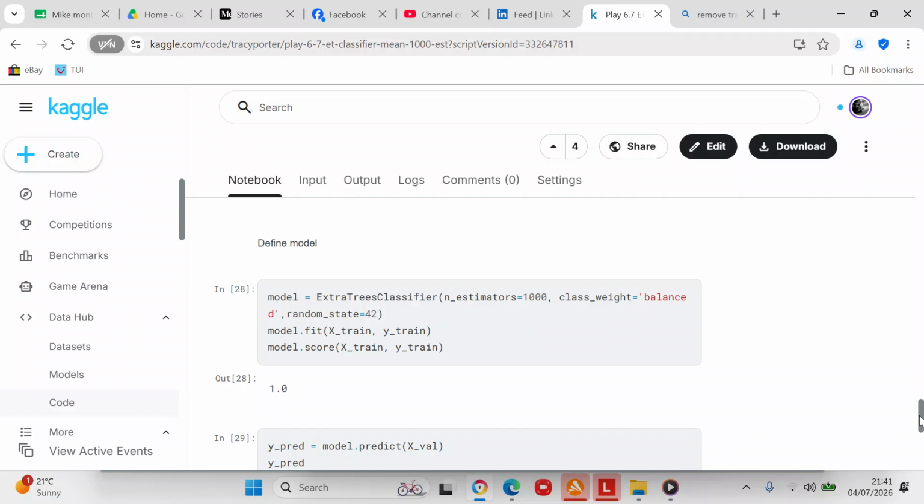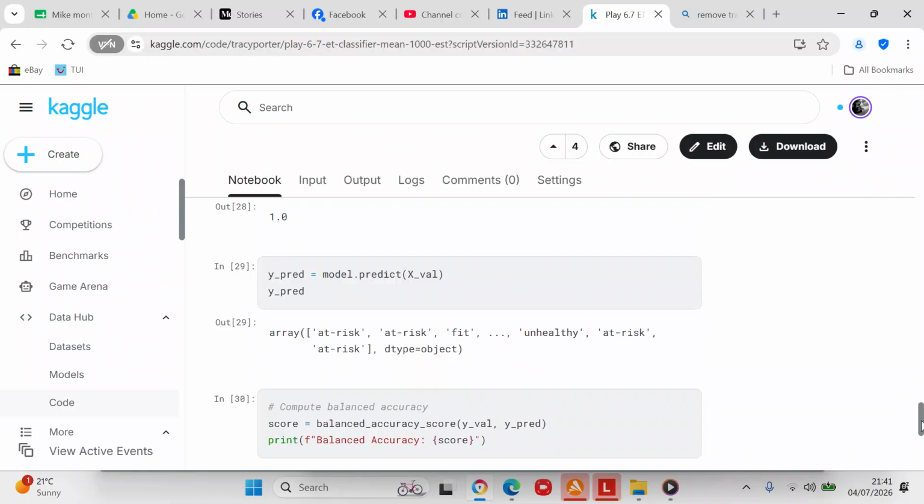I selected the number of estimators as 1,000 because my accuracy was slightly better with 1,000 estimators. I chose class weight as balanced because this is definitely an unbalanced data set, and random state is 42; you can put any number you want there. Then I fitted X train and Y train, and I printed the score on the train data, and it's 100%.